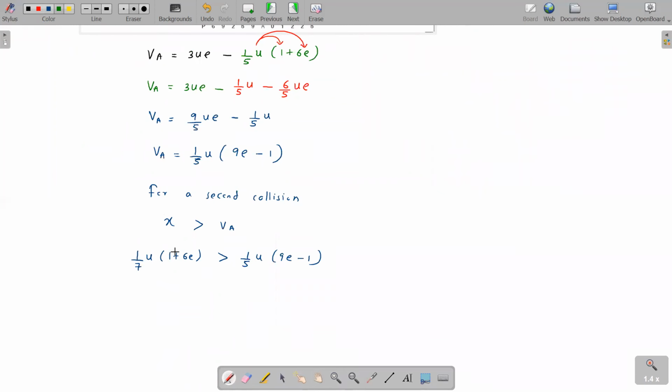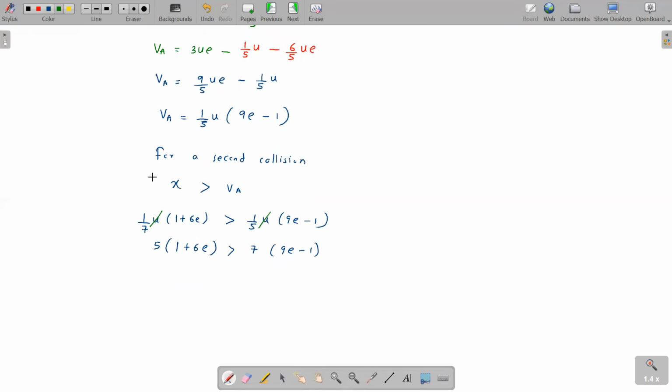Simplify this and get the range. U and U cancel. 1 plus 6E, we'll multiply that with 5. This one with 7. So we get here 5 into 1 is 5. 5 times 6 is 30E. 7 times 9 is 63E minus 7.